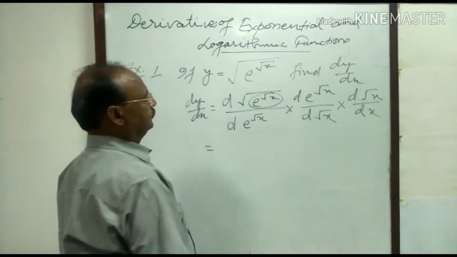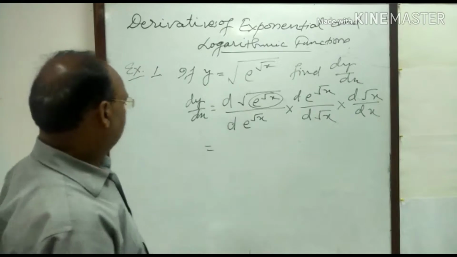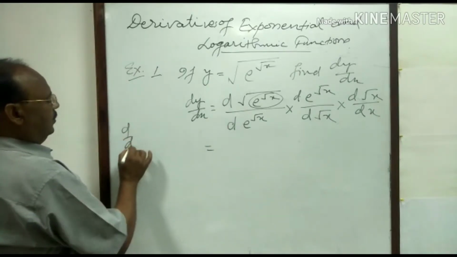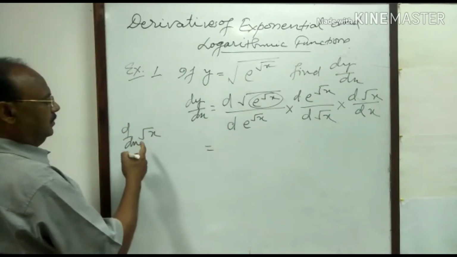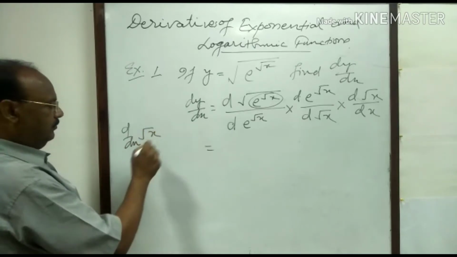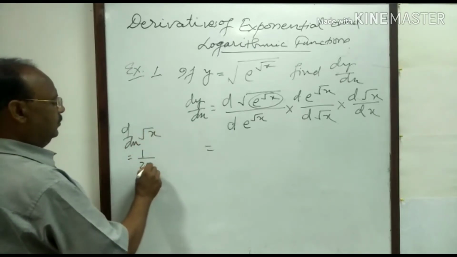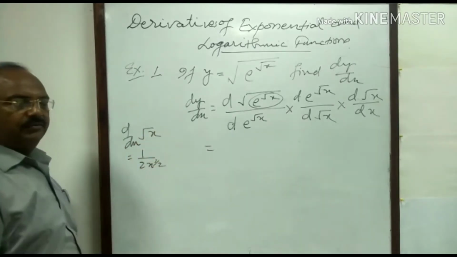Now, you know d/dx of root x means power half. So this is equal to 1 by 2 x to the power half.